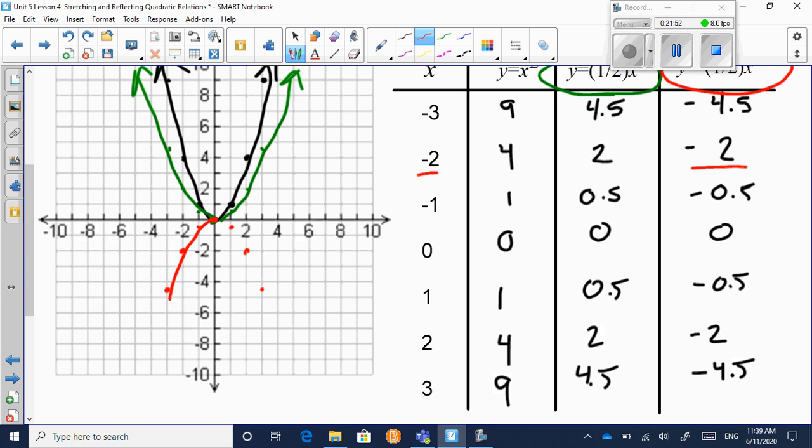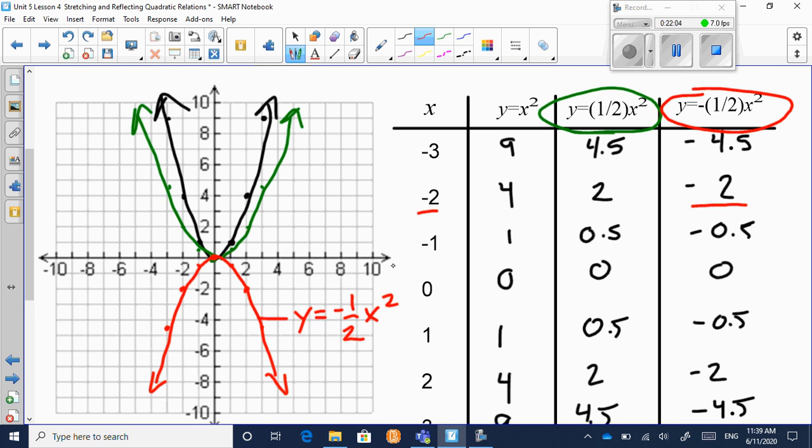Okay, so here it is. There's your final parabola. That's y is equal to negative 1/2 x squared. So it just shows you how we can transform these parabolas from the original parabola to the final one.